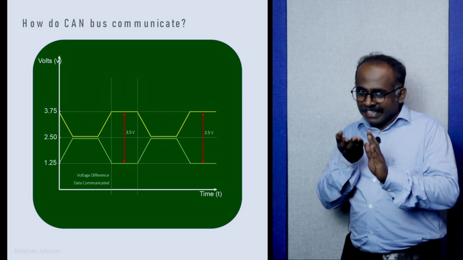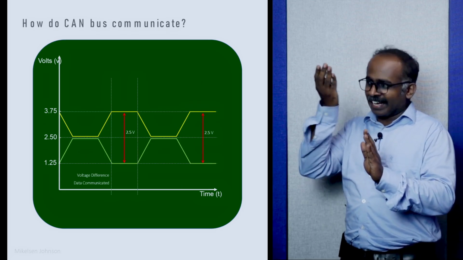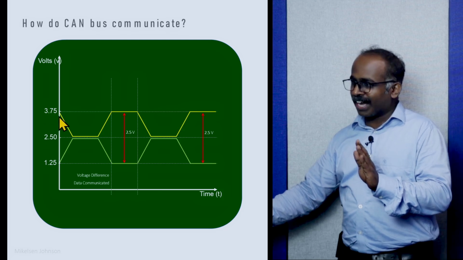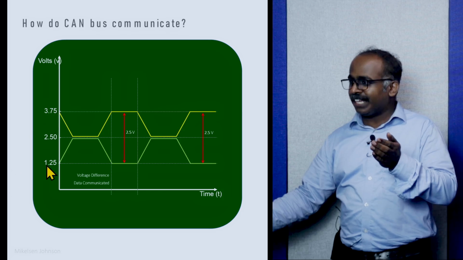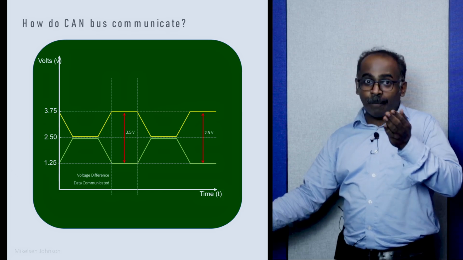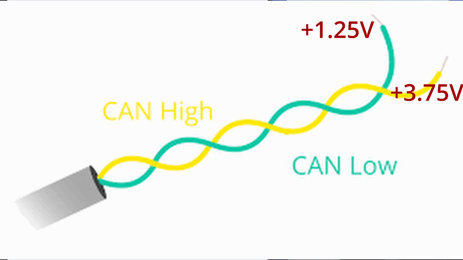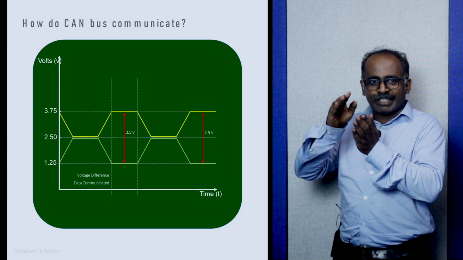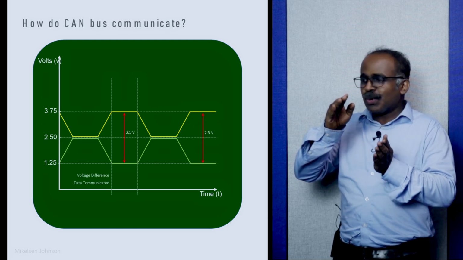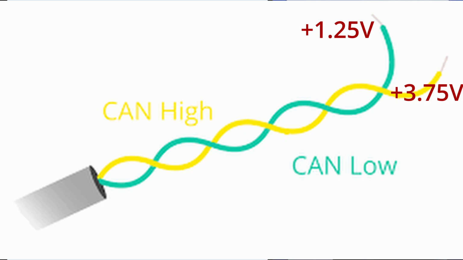When we increase the voltage of the CAN high to 3.75 and reduce the voltage of the CAN low cable to 1.25. Listen carefully. When we increase the voltage of the CAN high cable to 3.75 and reduce the voltage of the CAN low cable to 1.25, then what will be the difference between both the cables?